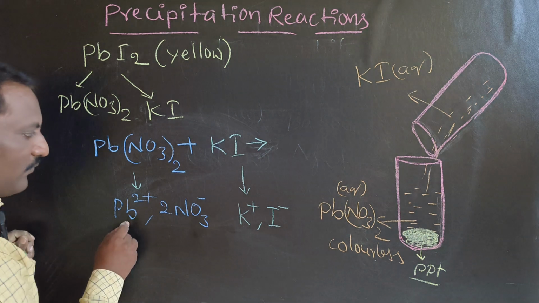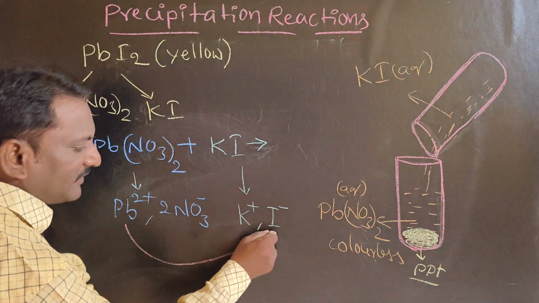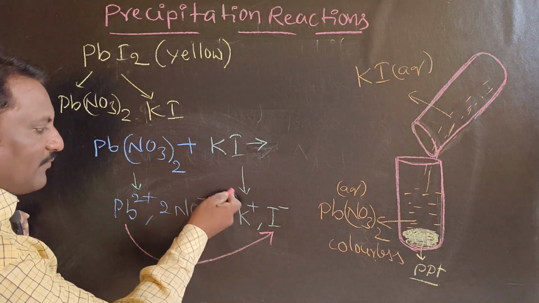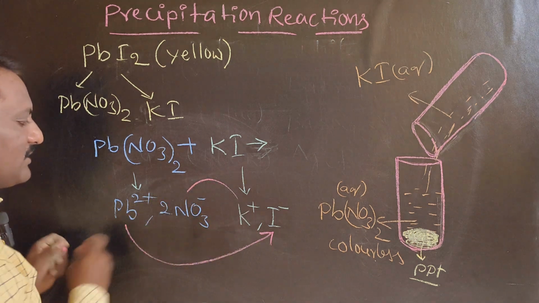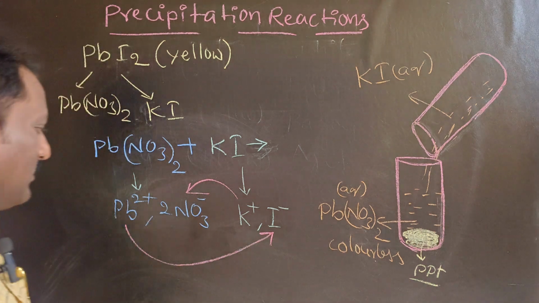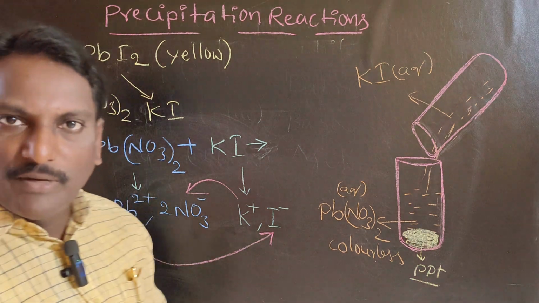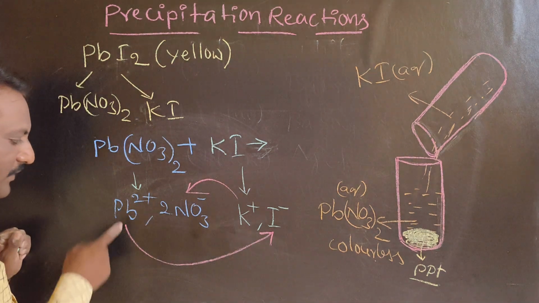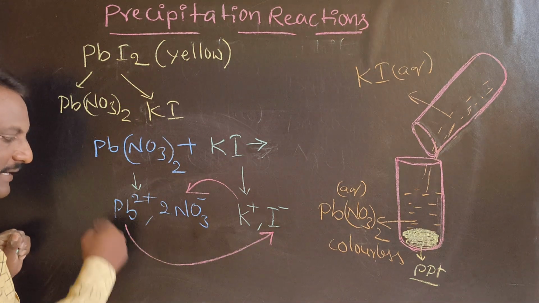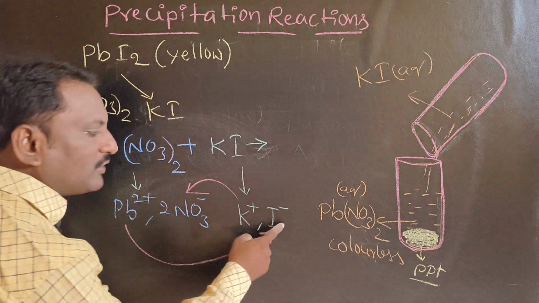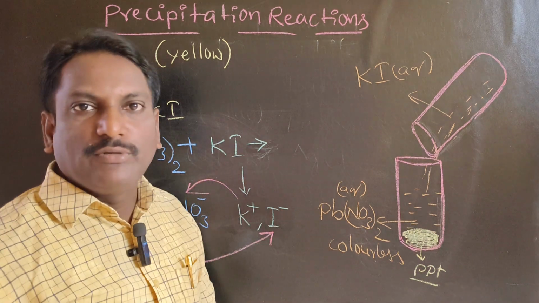The positively charged ion of lead nitrate combines with the negatively charged ion of potassium iodide, and the positively charged ion of potassium iodide combines with the negatively charged ion of lead nitrate. Exchange of ions takes place. One more important point: Pb2+ requires two iodide ions to be neutralized.